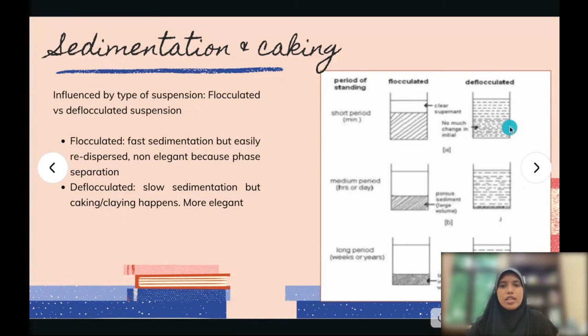For deflocculated suspension, the particles will remain suspended much longer, but once they sediment, they may directly form a cake. So for the purpose of stability, if you want to preserve a suspension for a longer time, you might want to choose flocculated suspension as compared to deflocculated suspension.